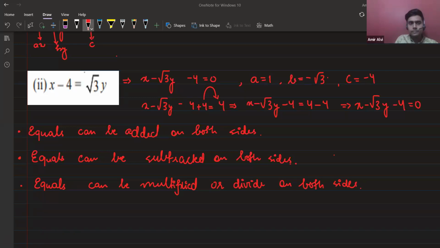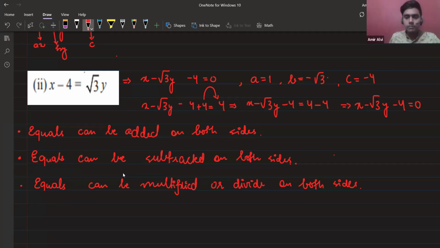No. So these were the 4 axioms in Euclid's geometry chapter. Axiom means which are basically general, so they can be applied in any concept. The axiom meaning was the same. Any doubt? No.